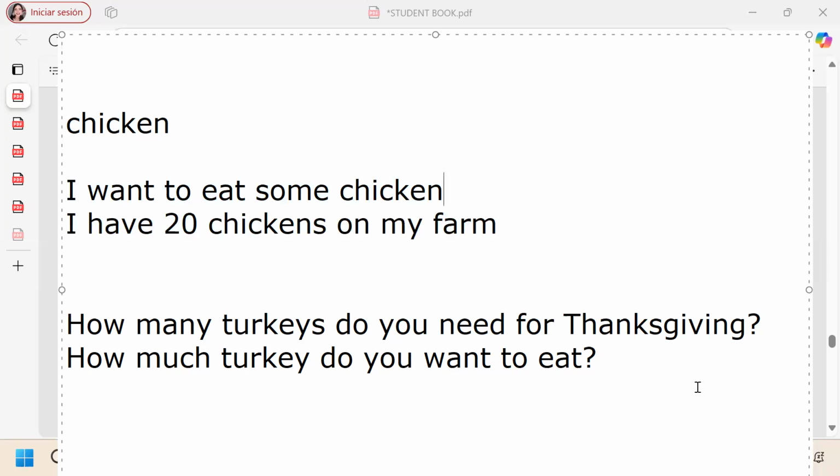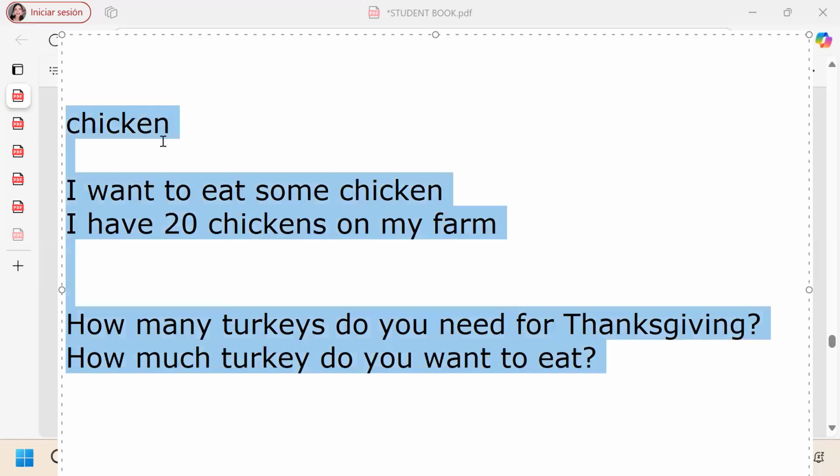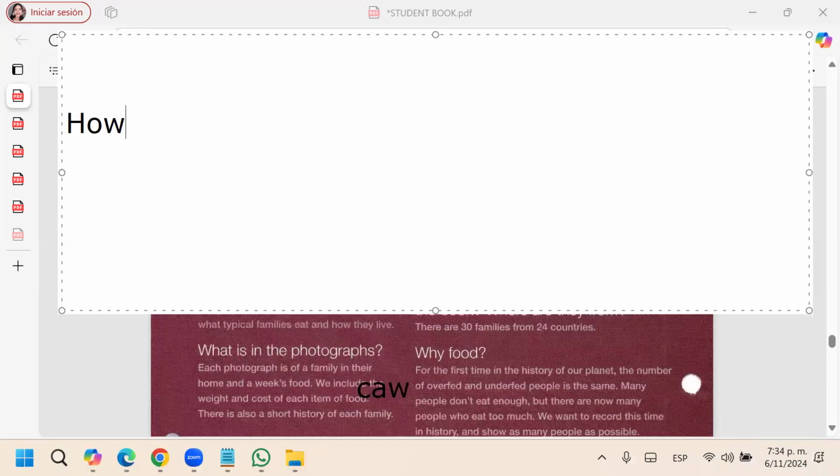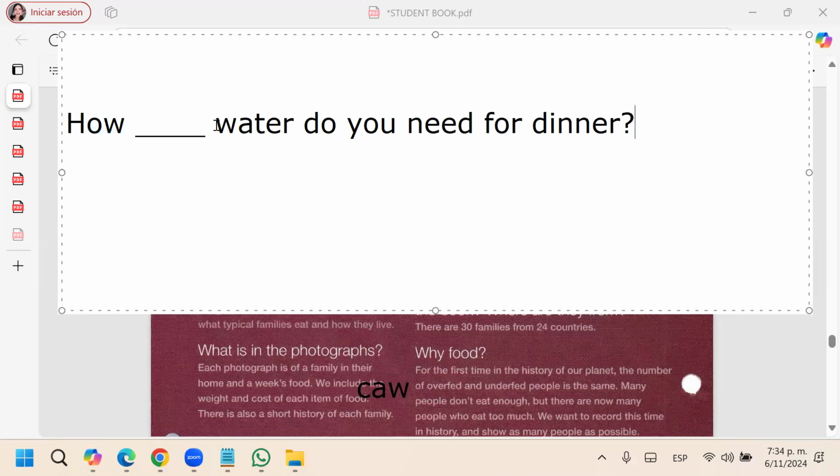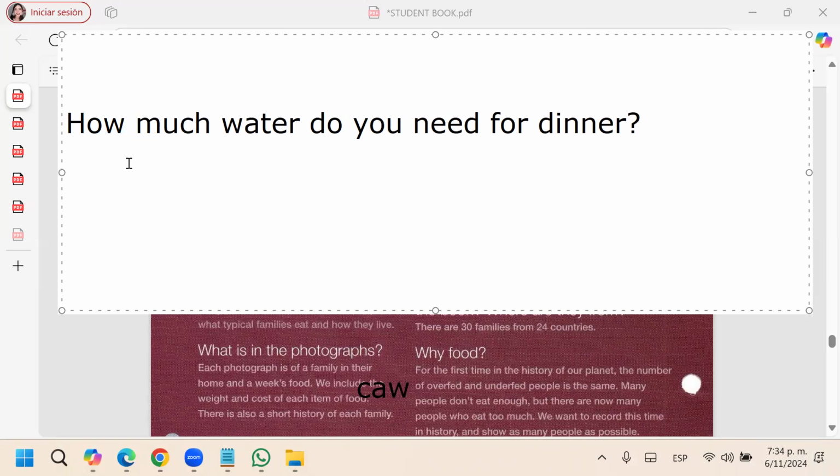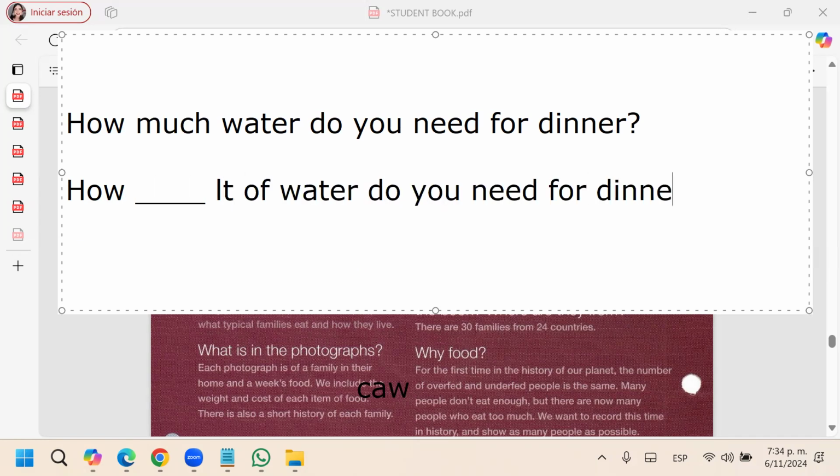Maybe another example for you to understand better. If I say, how much water do you need for dinner? Look at this. How much? How much water do you need for dinner? And if I say, how many liters of water do you need for dinner?